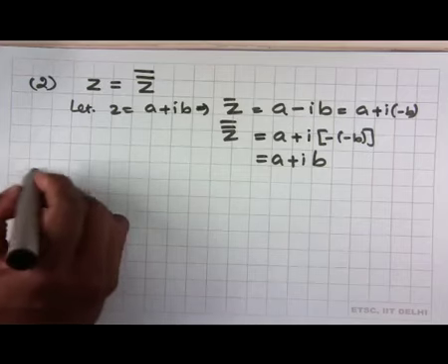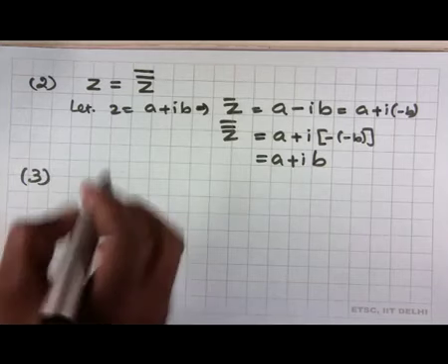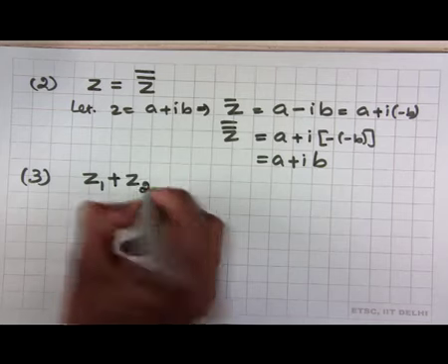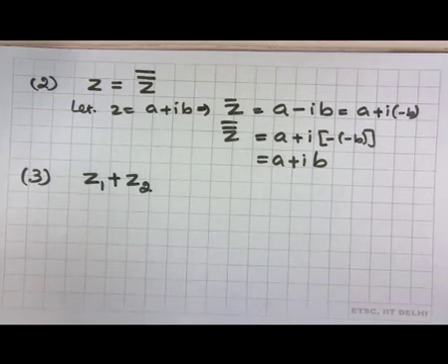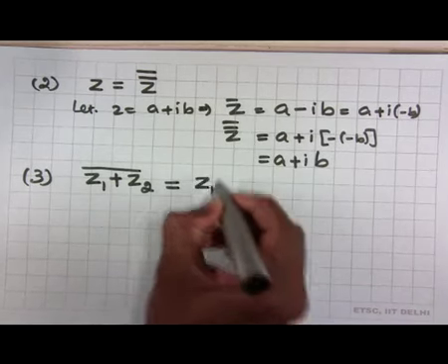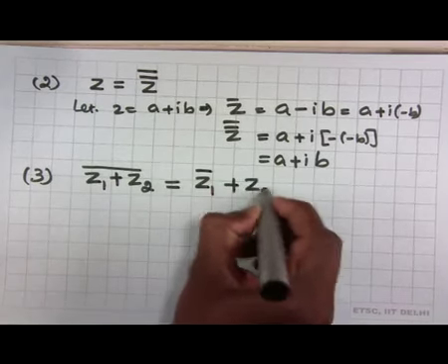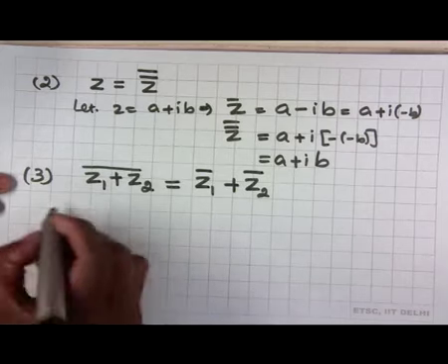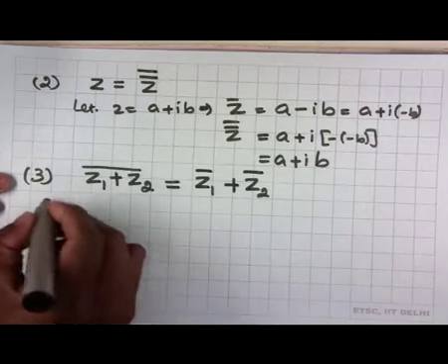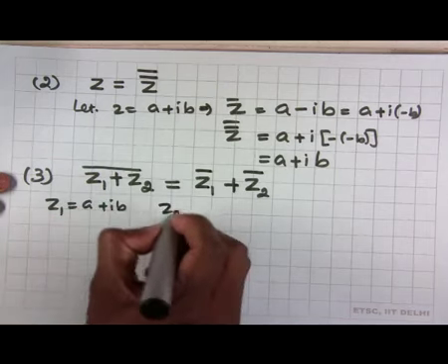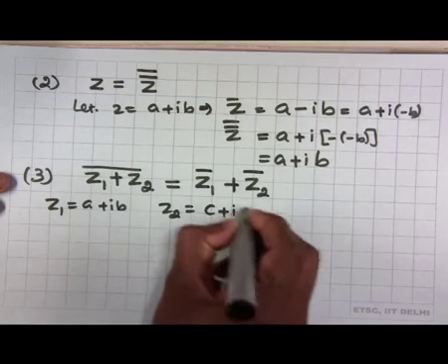Third proposition, if we consider the sum of two complex numbers and take its conjugation, this is the same as Z1 bar plus Z2 bar. This is again easy to visualize. Let us say that Z1 is A plus IB and Z2 is C plus ID.